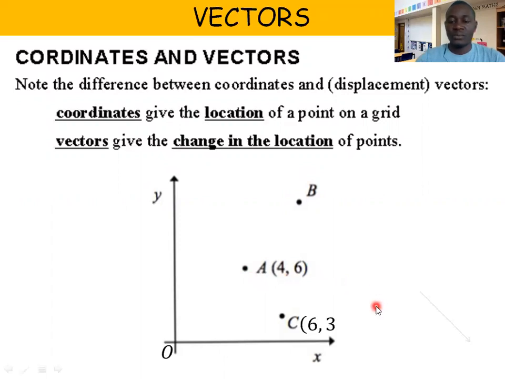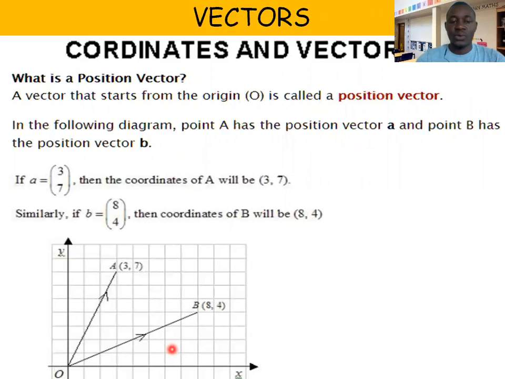Now, it's important for us to take note that the point O, where the y-axis and the x-axis meet, is the origin. So if we have that as the origin, we can always refer to what we call position vectors as vectors whose beginning is from the origin.